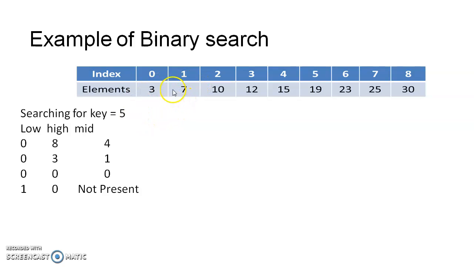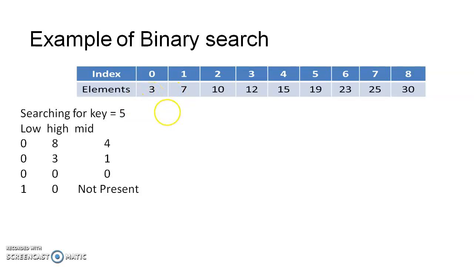The element will be compared with the element at index 1. So 5 will be compared with 7. But 5 is less than 7. So the left list will be searched. Now here the low value will be 0, the high value will be 0, and the mid position also comes out to be 0.